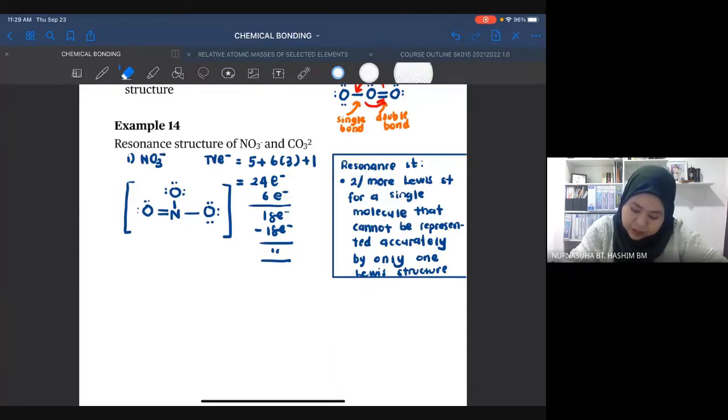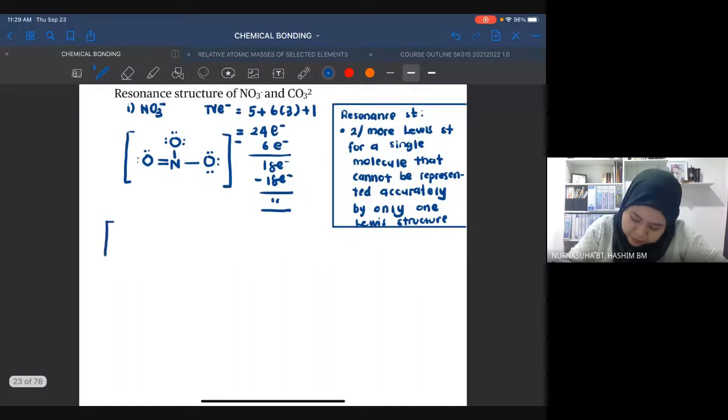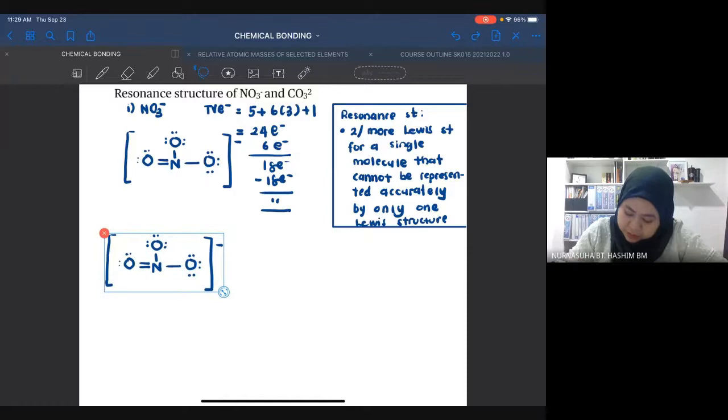Betulkan kat sini ya. NO3 minus. Kita ada 3 possible structure. Okay, I draw balik yang atas tu. Okay, ni madam draw lukis.